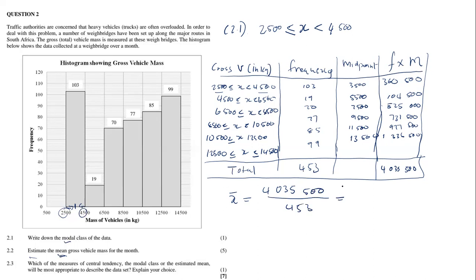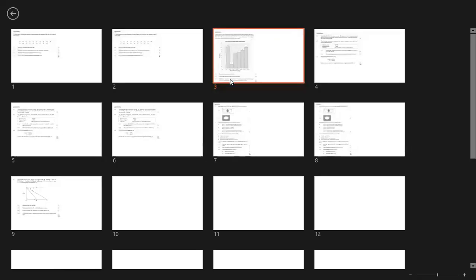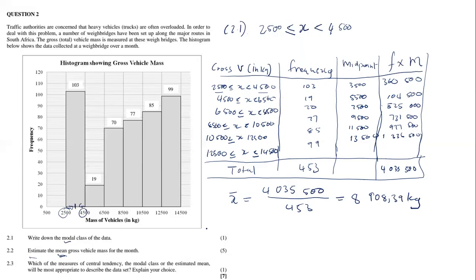And then when you punch this in your calculator, you're supposed to get 8,908.39. Present your units, which is kg. That's how we determine the estimated mean for this question.